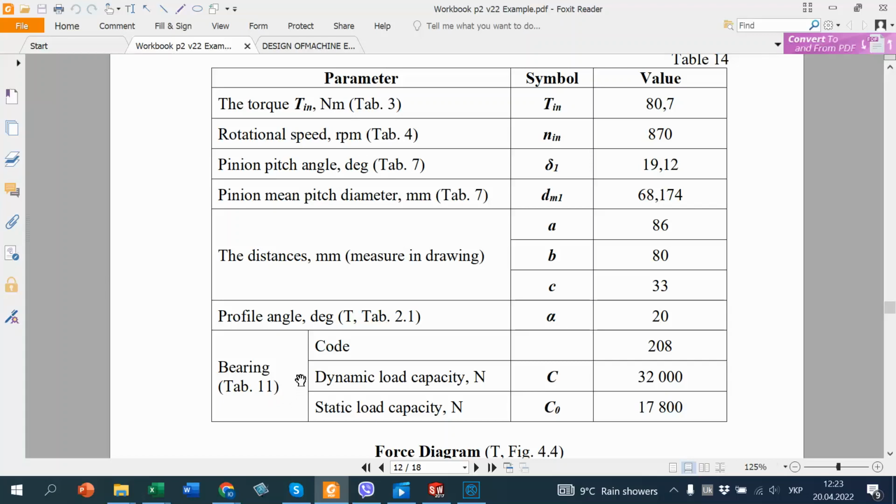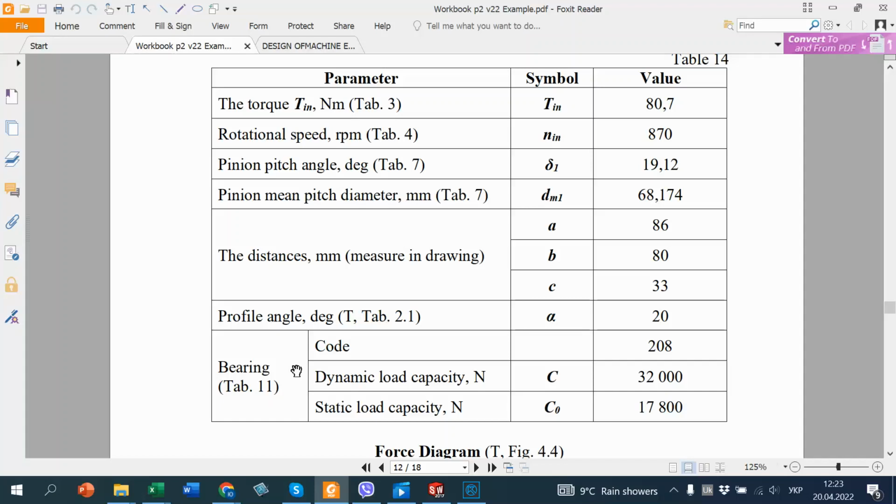We considered one bearing because, for technological reasons, it is better to calculate both bearings. After that, select the most loaded one and select the code and dynamic load capacity according to the maximum load, and use the second bearing the same as the calculated one.